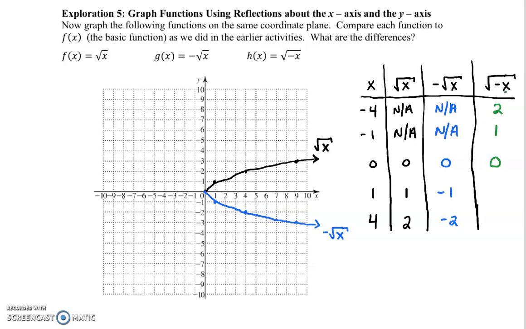But if we put a positive 1 in, now we're left with trying to take the square root of a negative number, which we can't do. So for all practical purposes, we end up with (0, 0), (-1, 1), and (-4, 2). So it goes like that.